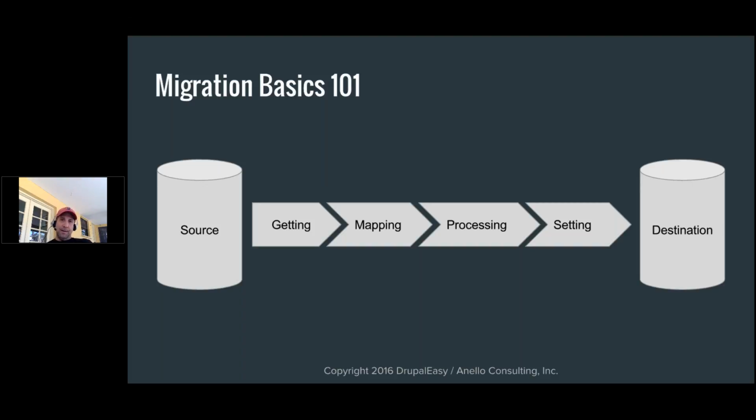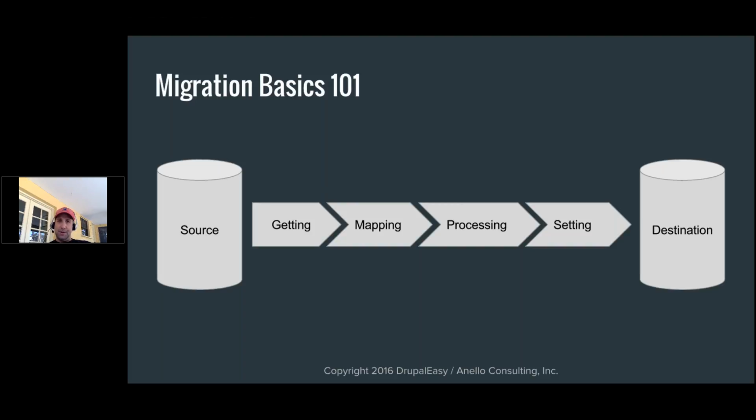This pipeline, and pipeline is the word that we use quite a bit when we're talking about the D8 migrate system, understanding this pipeline is key to understanding Drupal 8 migration. You have a source and a destination. These are both represented as PHP objects in Drupal core.